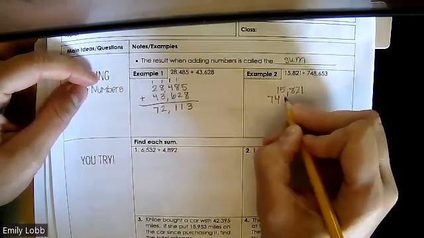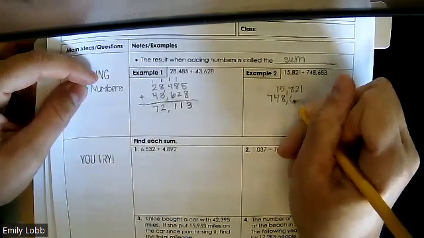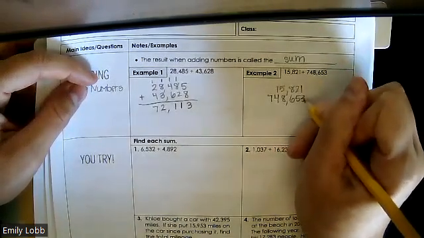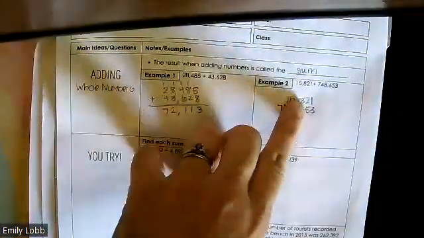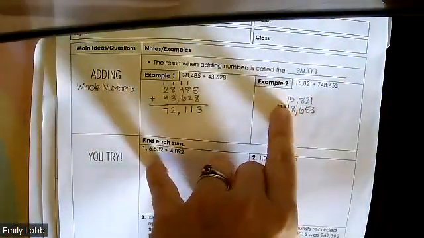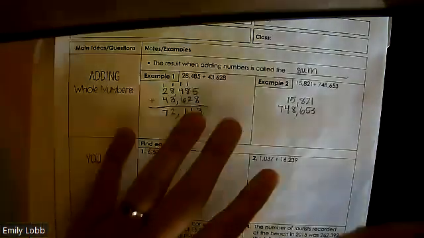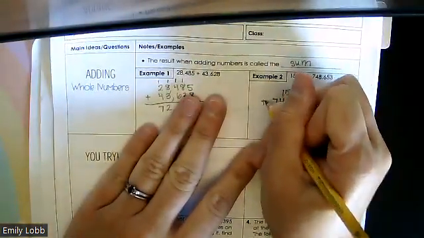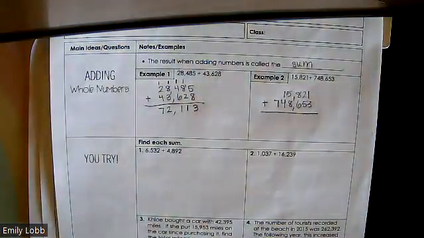So I have to start 1 over. I want to line up my 1s with my 1s, my 10s with my 10s, my 100s with my 100s, my 1000s with my 1000s, my 10,000s with my 10,000s. And in this case, only one of them has a number in the 100,000 place value.